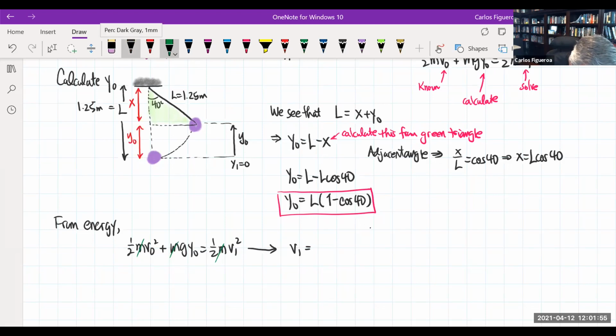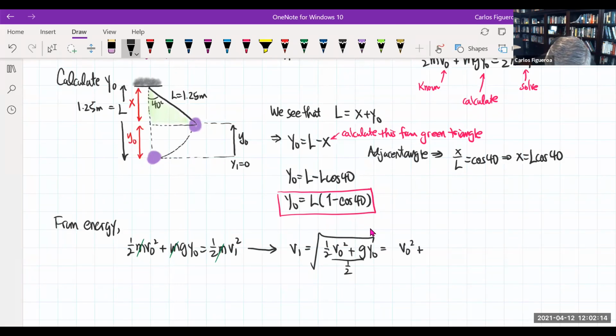So if I look at this thing, and if I do some algebra, you're going to get 1/2 v initial squared plus g y naught divided by 1/2. Now if I plug in this guy here, you're going to get the square root of v initial squared plus g L of 1 minus cosine 40.